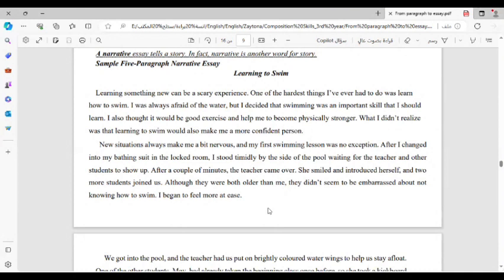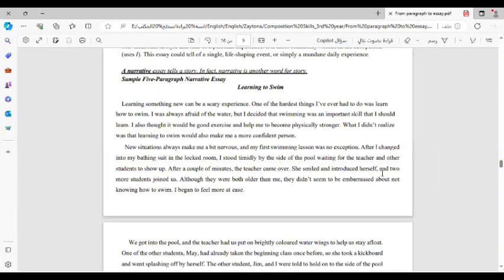Before going into the details of this essay, I want to draw your attention to the importance of the form of the essay, which is the shape. I noticed that a lot of you in the test didn't consider the importance of the form of an essay.